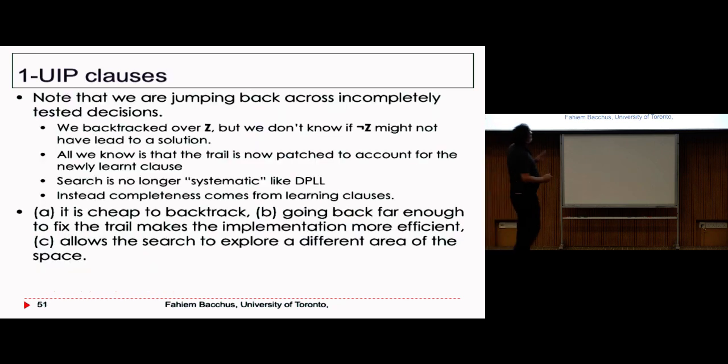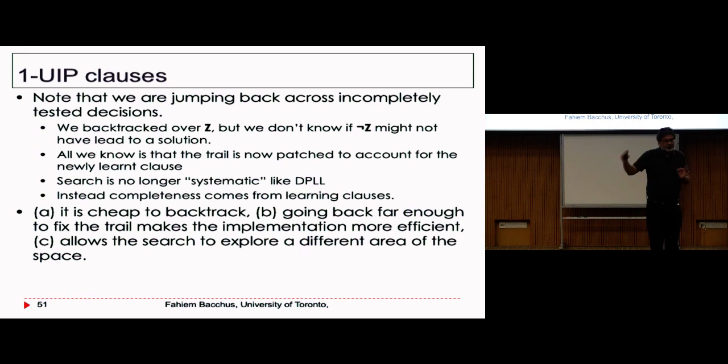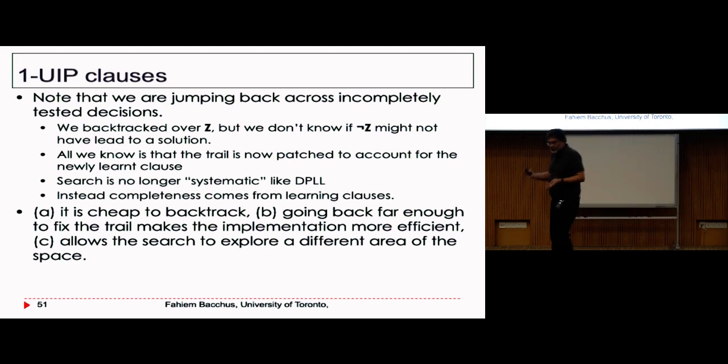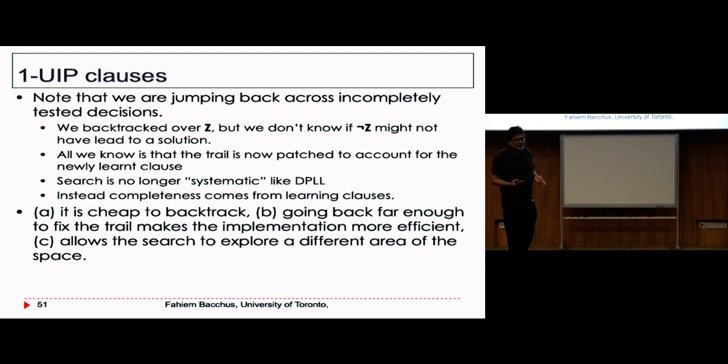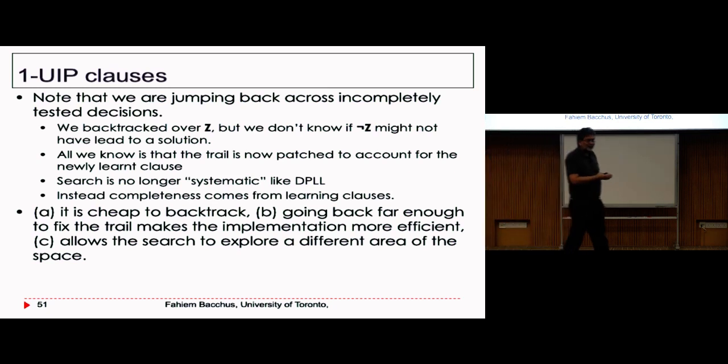Okay? So it doesn't explore the space in the systematic way that DPLL does. DPLL leaves no possibilities unturned, right? So it's still complete, but you have to argue that completeness from a different point of view. And the completeness basically comes from the fact that you're learning clauses. So if you keep on learning clauses, there's only a finite number of clauses you can learn.